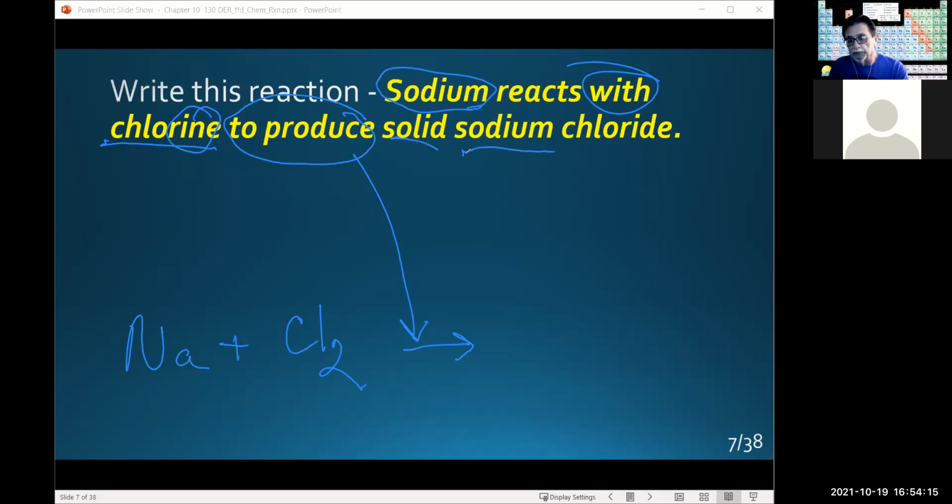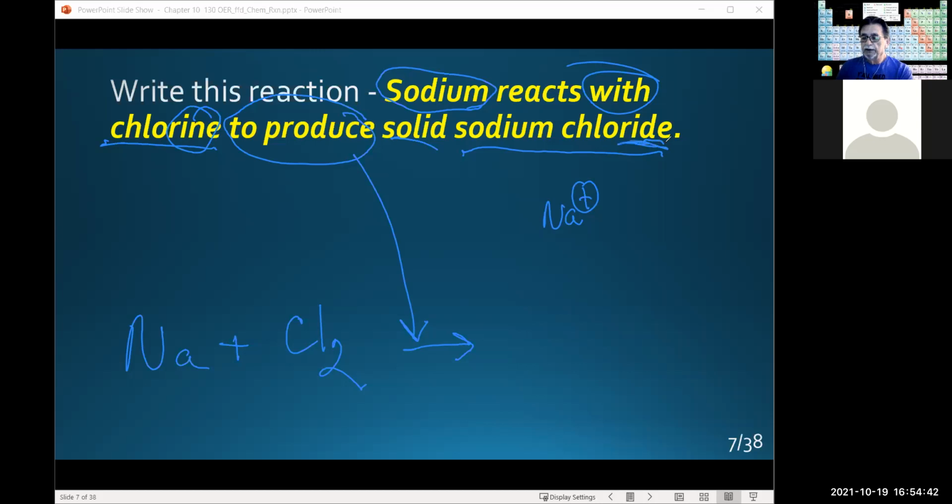And then we got the final product, sodium chloride, which is an ionic compound, metal and non-metal. Now, before we write the formula, like we've been doing before, we write the ion first. Sodium we know is in group 1, group 1A. It is a metal. It will lose electrons, so it results in a +1 charge.